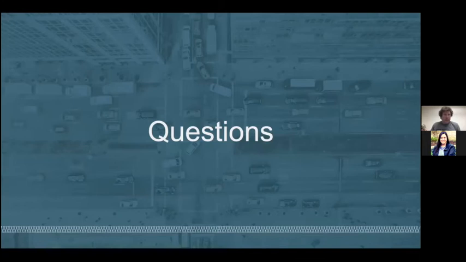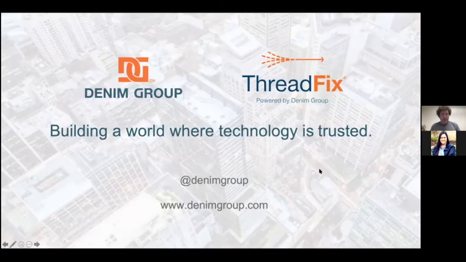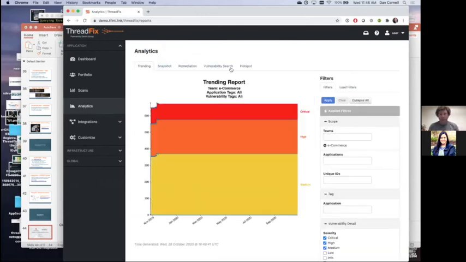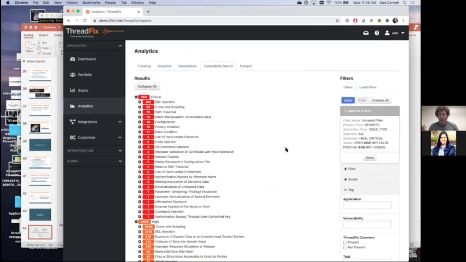Excellent. So we got a question here on reporting and how the tags work with reporting. Let me hop out to that, and I can show you. Inside of ThreadFix, when you go to the analytics screen, you can use those tags to filter various reports. If we go to our vulnerability search, for example, we have the ability to filter on the application tags.